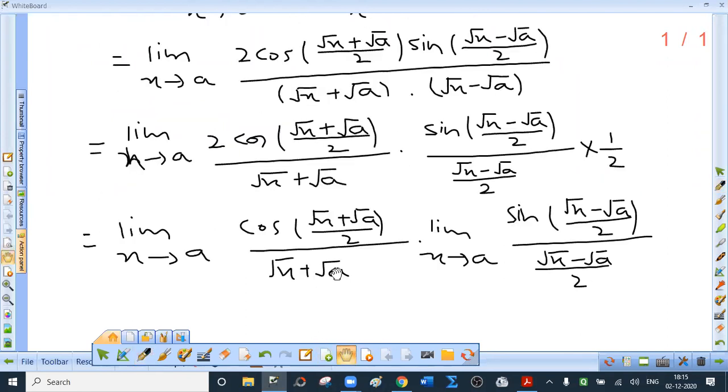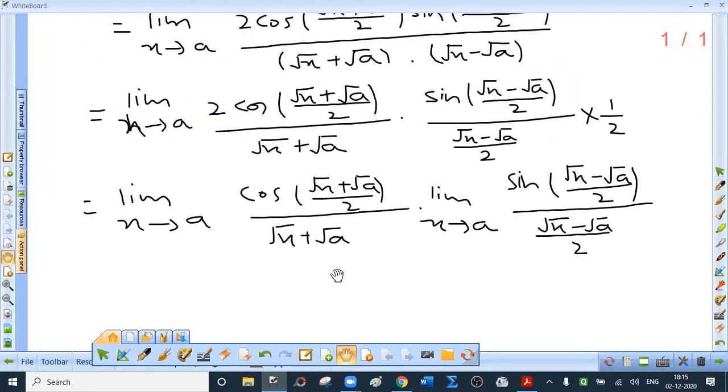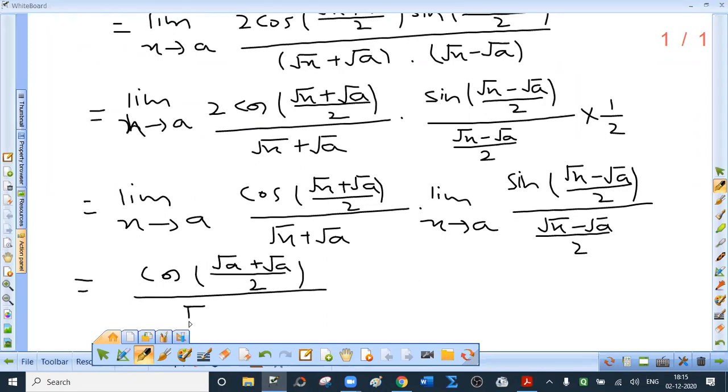Now to take the limit means to replace every x by its limiting value, that is in the first case, and in the second case a standard trigonometric limit is to be used. So cos of (root a plus root a) upon 2, upon root a plus root a, into 1. Why can I write 1 for this directly?